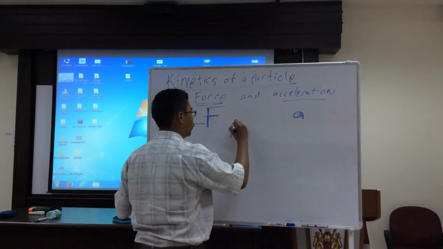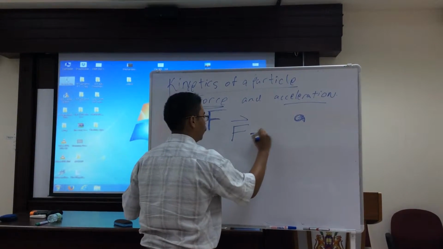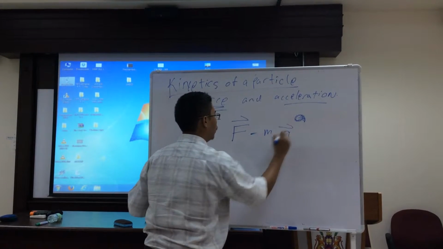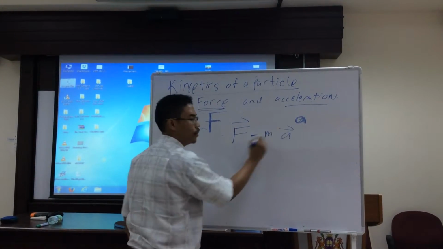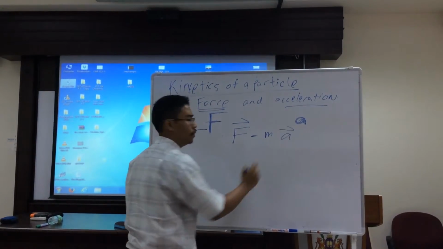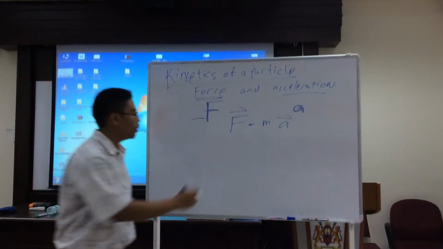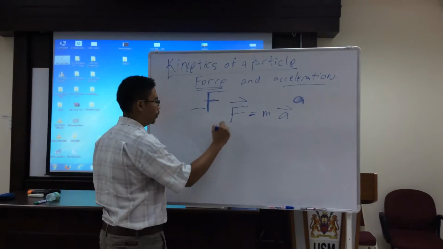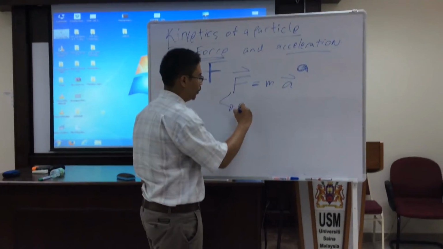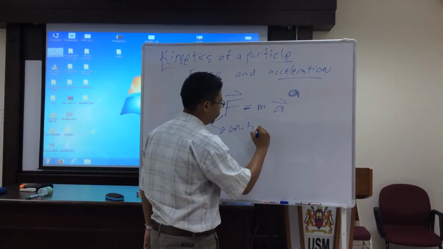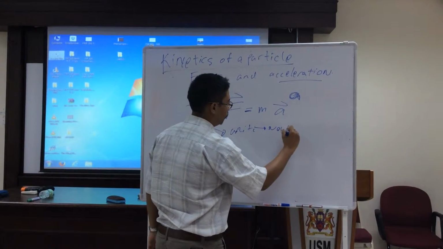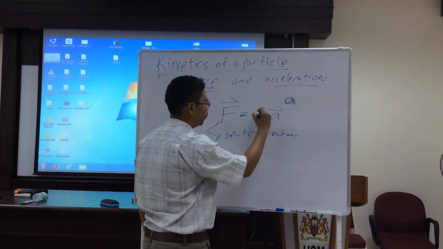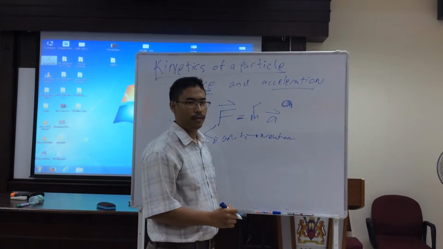So we know now F equals ma. Instead of bold, I can also use the arrow on the vectors. The unit of F is Newton. And what's the unit for mass?